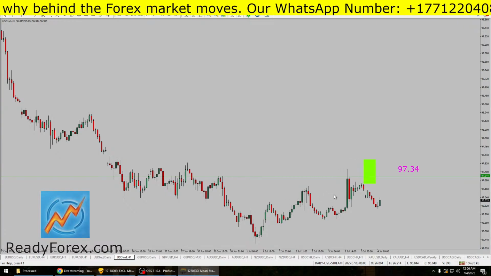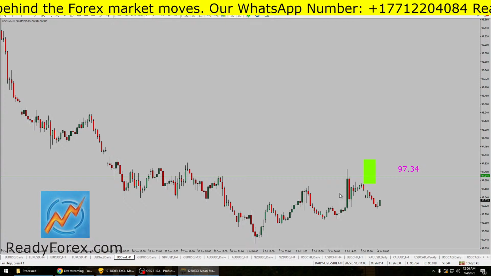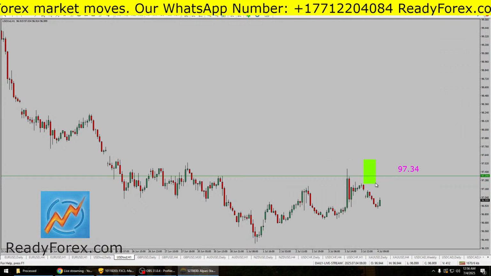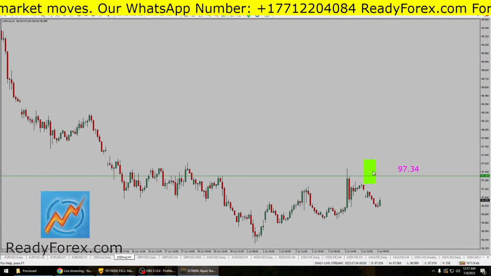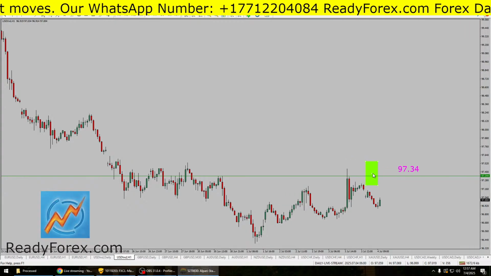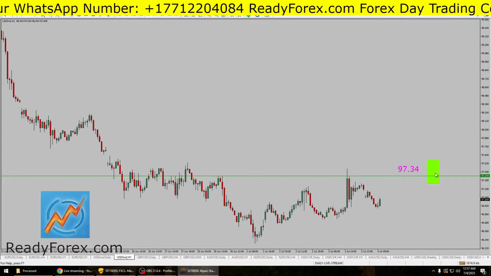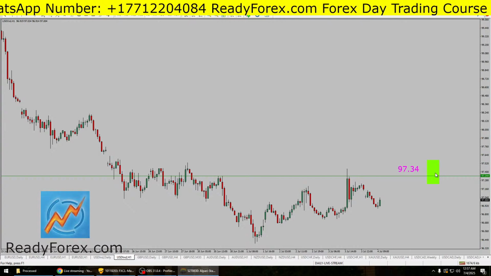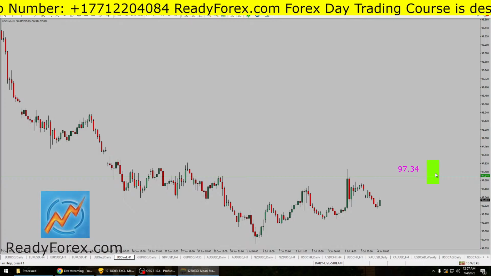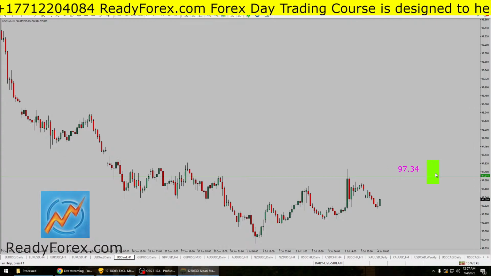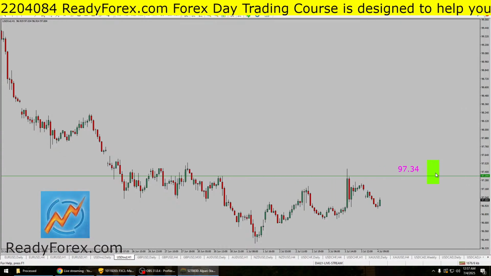If US dollar index is going to change the trend, then in that scenario we should get a bullish breakout above 97.34 price level inside US dollar index. If we do not get such a bullish breakout, then it means the trend is still down, and I expect further weakness in price action of US dollar index.